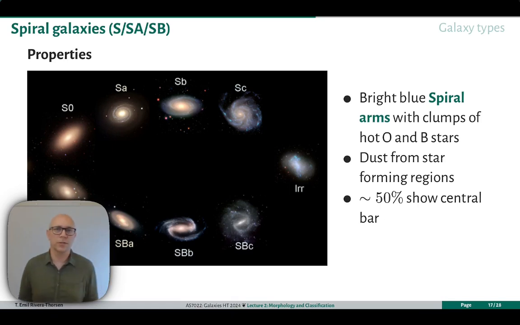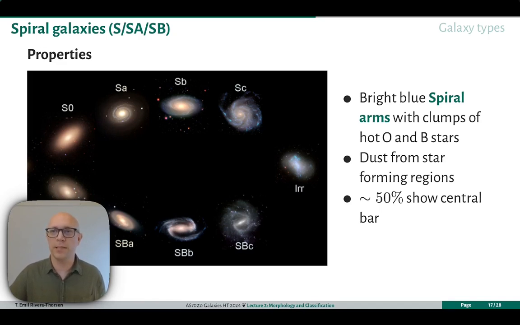If we take a closer look at spiral galaxies, here is the Hubble tuning fork diagram from before, but without the central arm from the de Vaucouleurs diagram. And we see again that we have the spirals A to C. Some people also operate with a D and onwards.